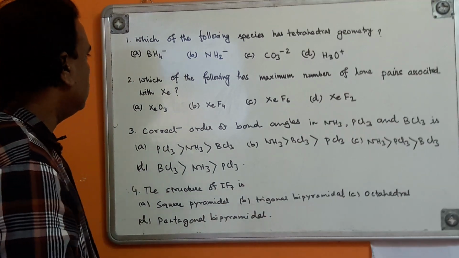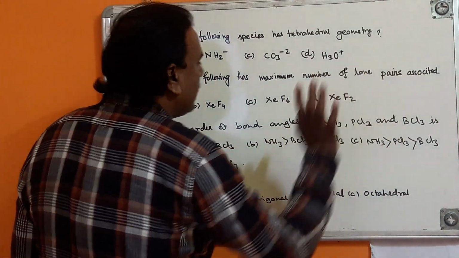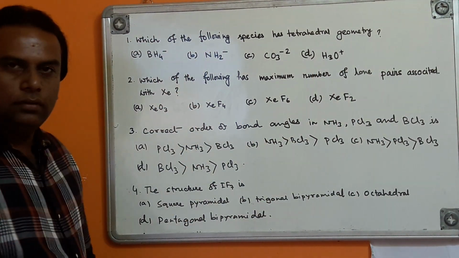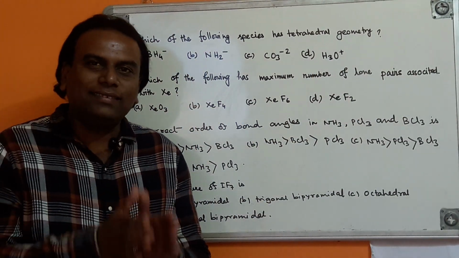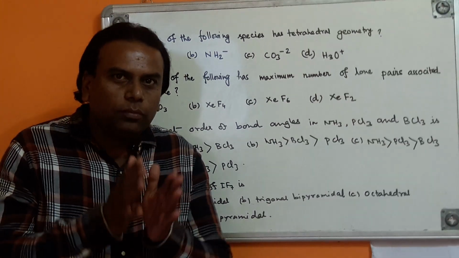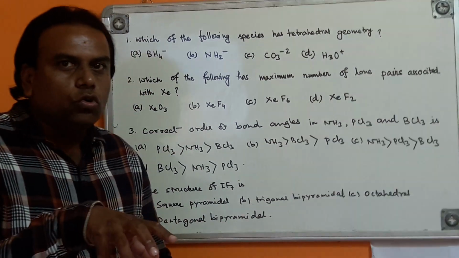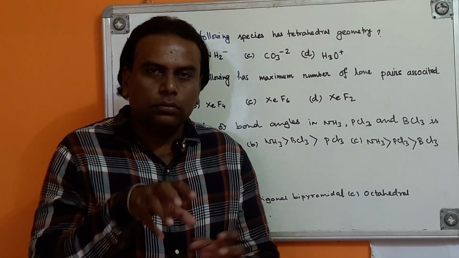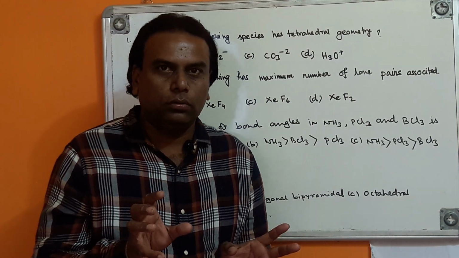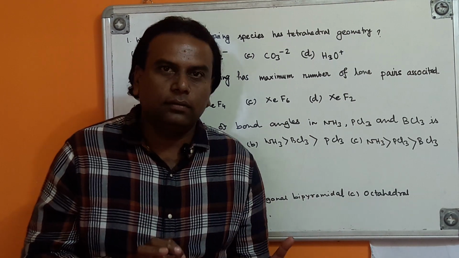So my next question, that is question number 2. Which of the following has the maximum number of lone pairs associated with xenon? Xenon has a fixed number of valence electrons. Out of these valence electrons, some are used to form a number of bonds, and the other electrons make lone pairs.